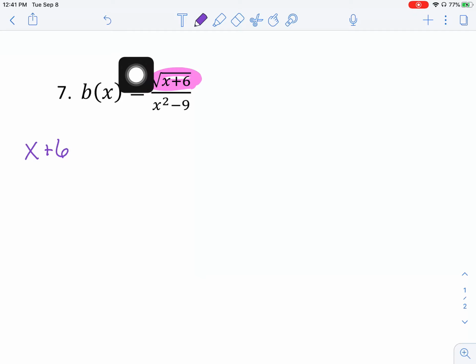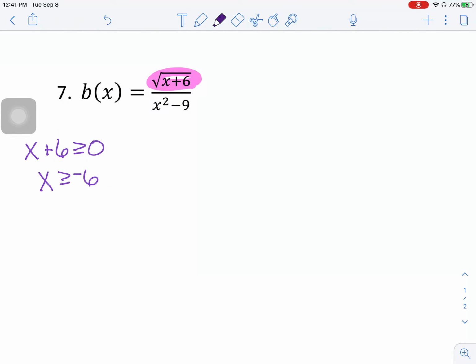In this case, because the root is in the numerator, this root could be 0, right? 0 divided by something is okay, and this root could be positive. So because it could be 0 or positive, we're going to say that x plus 6 has to be greater than or equal to 0. So greater than 0 is going to make it positive, equal to 0 is 0, and that's okay. So x is greater than or equal to negative 6. So that part's done.